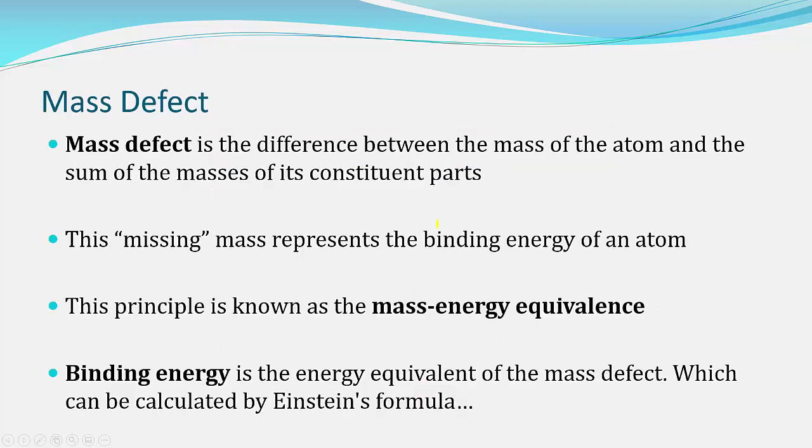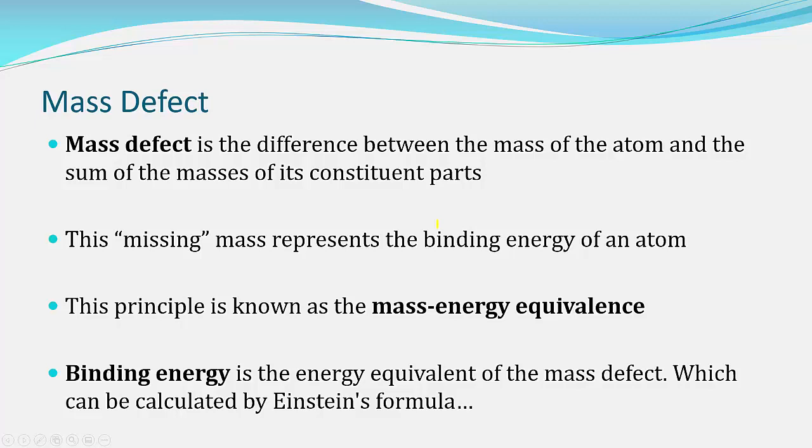So now we're going to relate the mass defect, which is, again, the difference between the mass of the atom itself and the sum of all of its parts. The missing mass, or the mass that has somehow just disappeared, represents the binding energy of the atom.